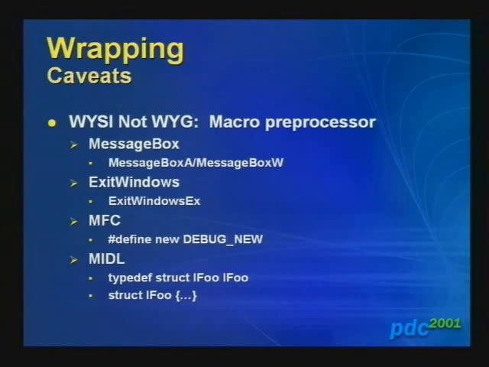So if I include Windows.h and I try to create a class MessageBox, I'm going to get a compiler error that says the namespace Microsoft.Windows.Forms does not have a class called MessageBoxA or MessageBoxW, depending on where you define Unicode. That's true. The reason for that is that the macro preprocessor is a very powerful tool and an extremely blunt tool. It will look at a token and translate that token.